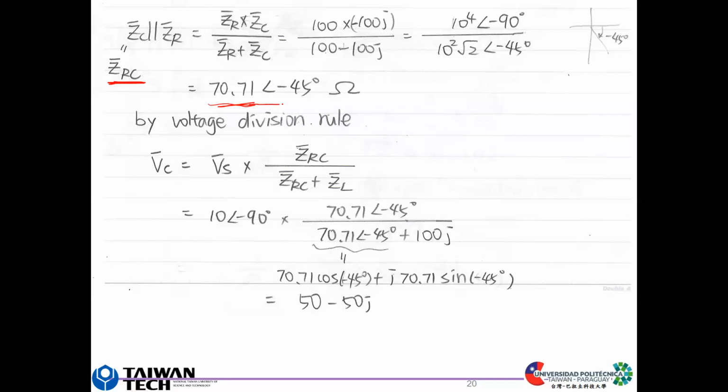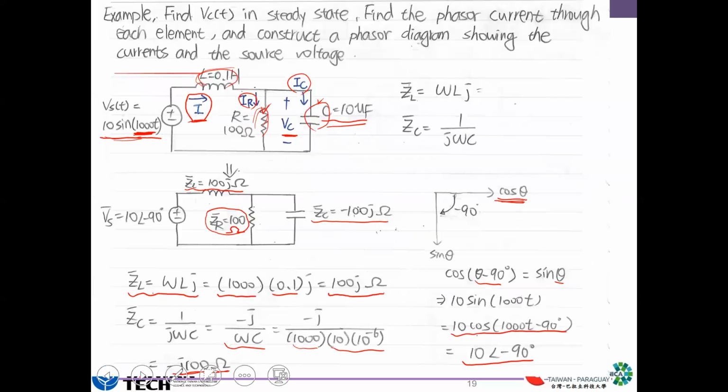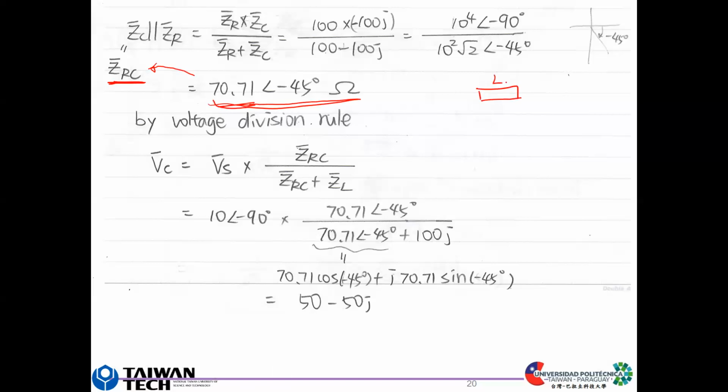So this is the equivalent impedance for C and R. Since we have this equivalent impedance, we have this. Let's say this is ZRC. We have ZL, and we have a voltage source, and here it should be AC.